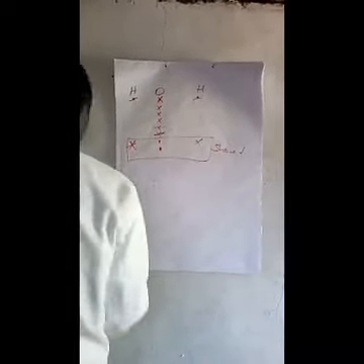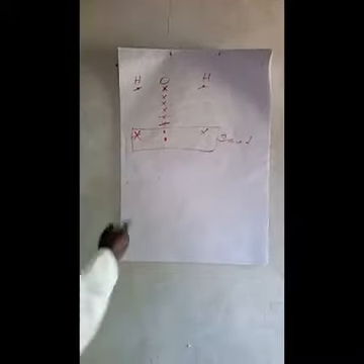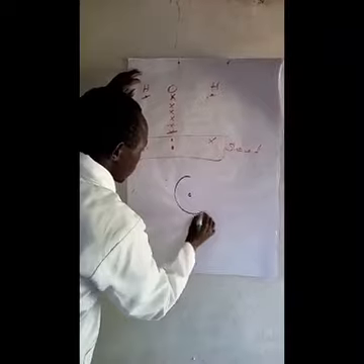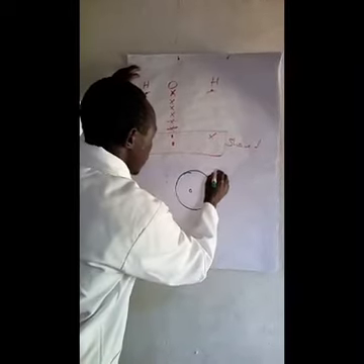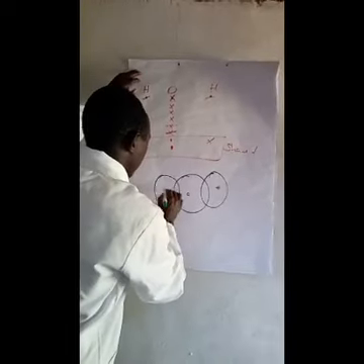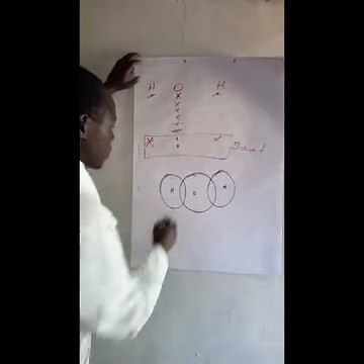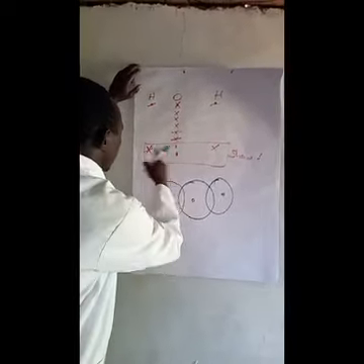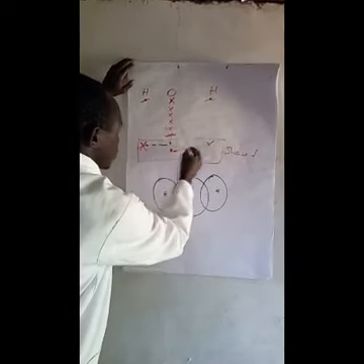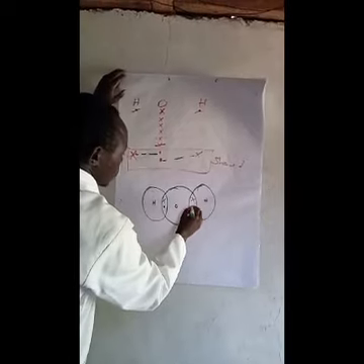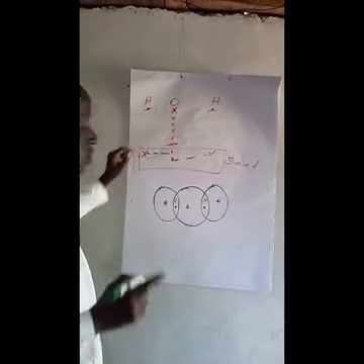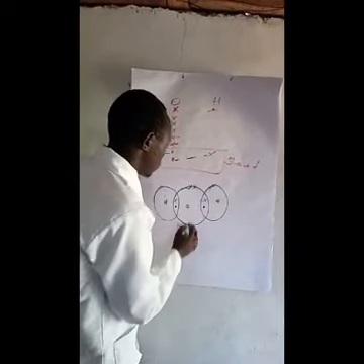Having that, you have one oxygen, a hydrogen, and a hydrogen, and then you have two lone pairs.